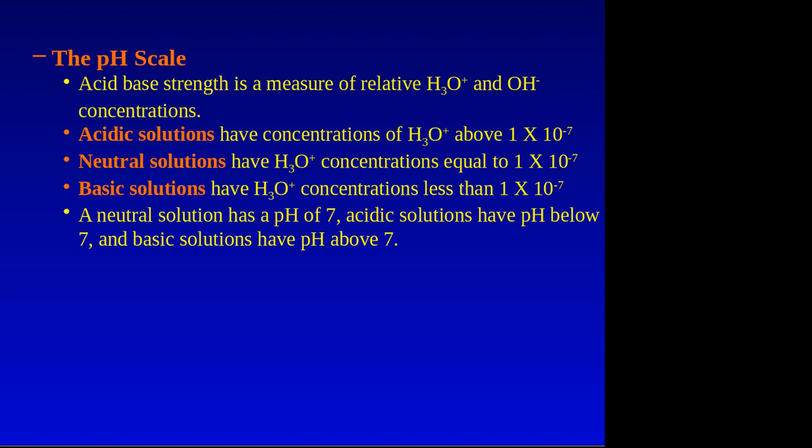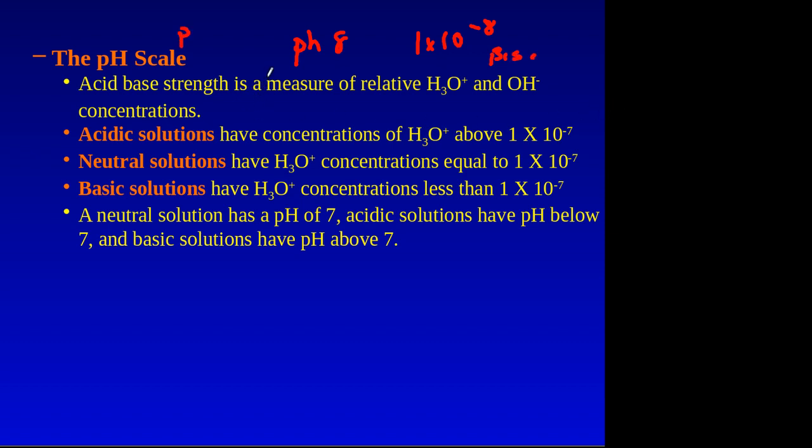So a pH above 7, let's say I have a pH of 8. If I have a pH of 8, then my concentration is 1 times 10 to the negative 8, which is less. And so that's more basic.